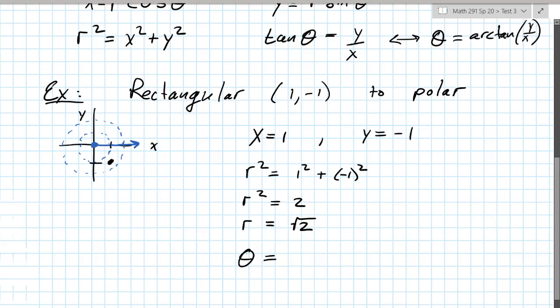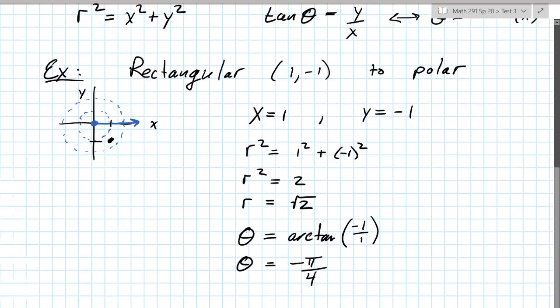For theta, we have the arctan of negative 1 over 1. The arctan of negative 1 over 1, if you use your calculator or if you remember your unit circle, you'll notice that this theta is negative pi over 4.